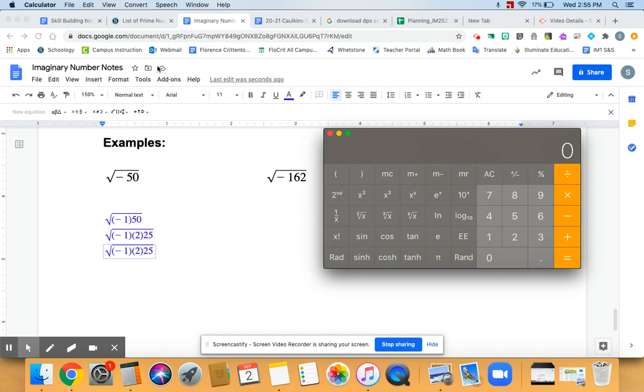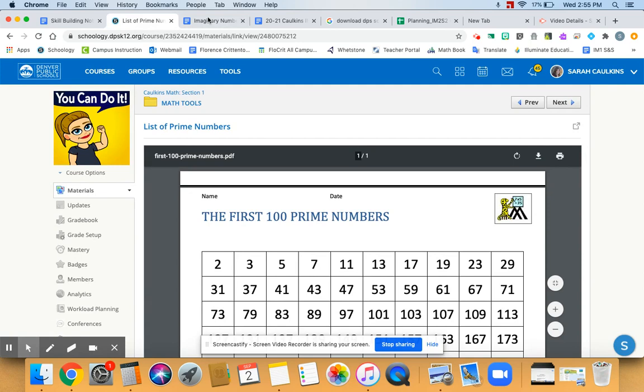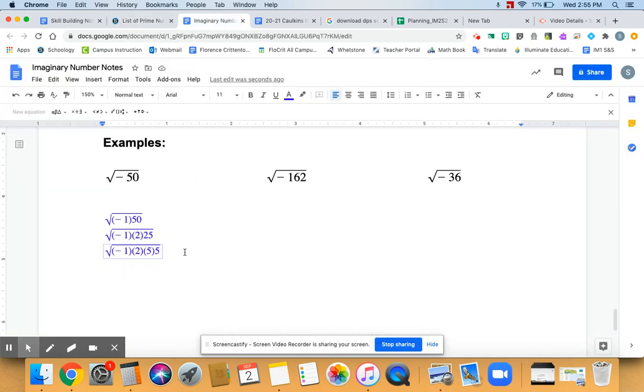I don't try 4 because it's not a prime number. I try dividing it by 5 next, and I find out that 25 is 5 times 5. So I can replace this 25 with 5 times 5. But here's the thing, 5 is a prime number. So I know that this one's done. It doesn't need to be split apart anymore. And now it's all in prime numbers.